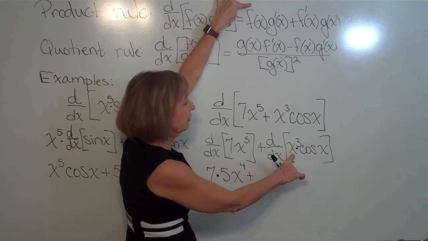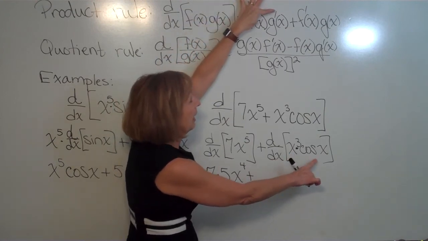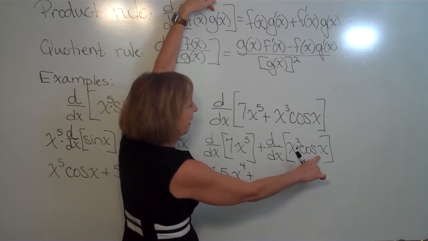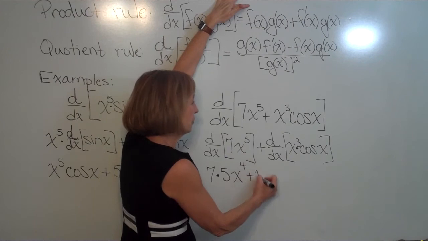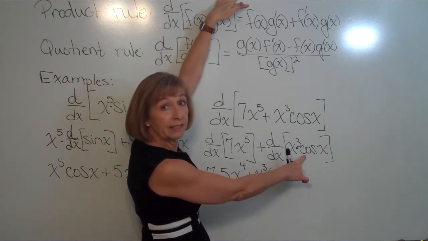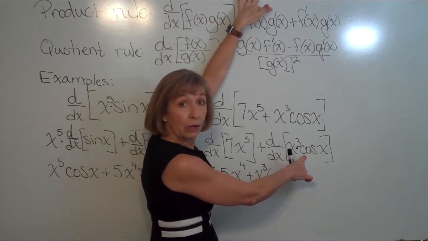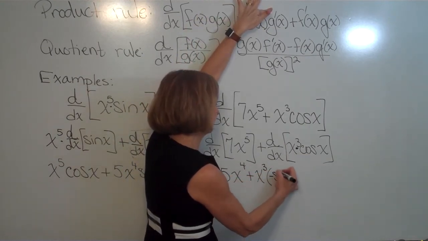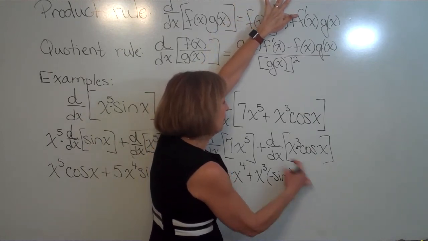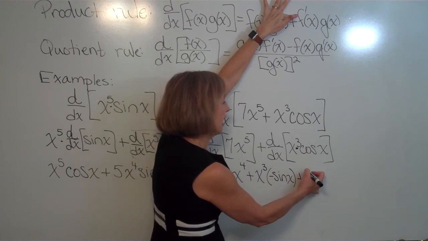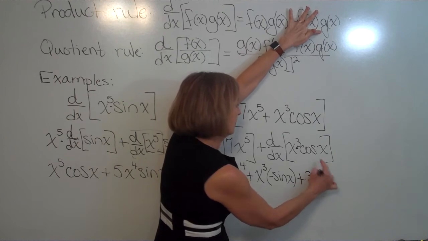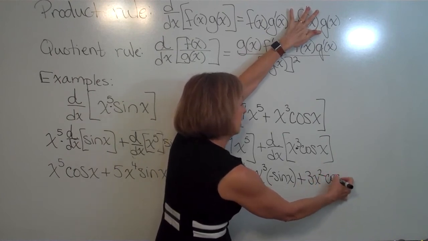So the first function is your x to the third, and your second function in the product is your cosine of x. So it's the first expression, x to the third, times the derivative of the second one, and the derivative of cosine x is negative sine x. And then plus the derivative of the first function, so that's 3x squared, and then just times that second function, cosine x.